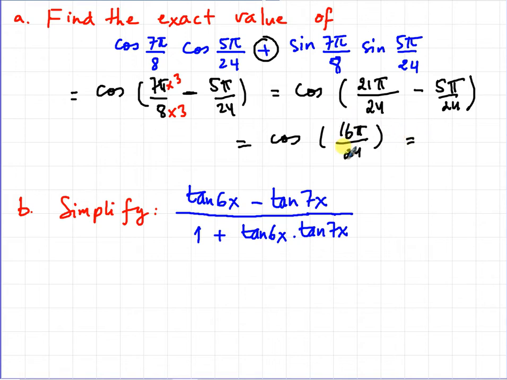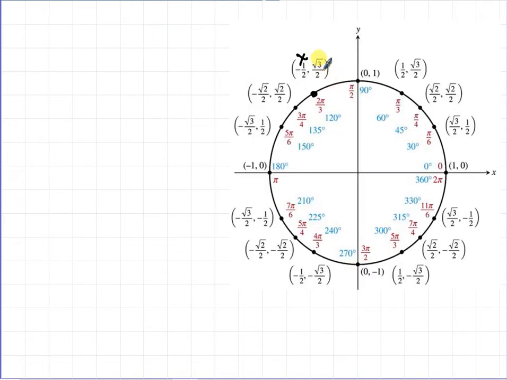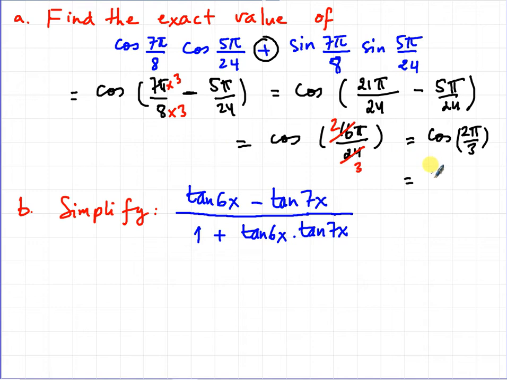Now 16 pi by 24 can be simplified by dividing by 8, so this would be 2 over 3. So we would be left with cosine 2 pi over 3.